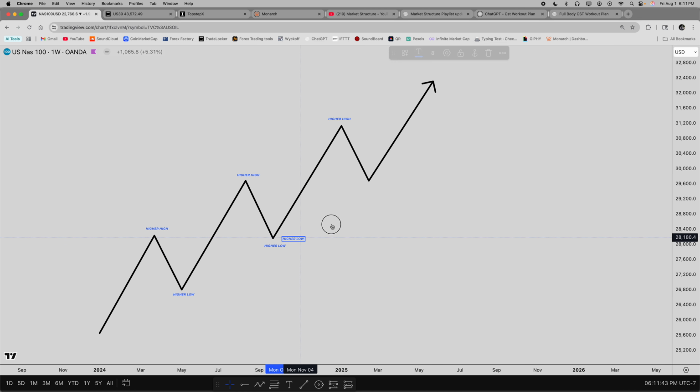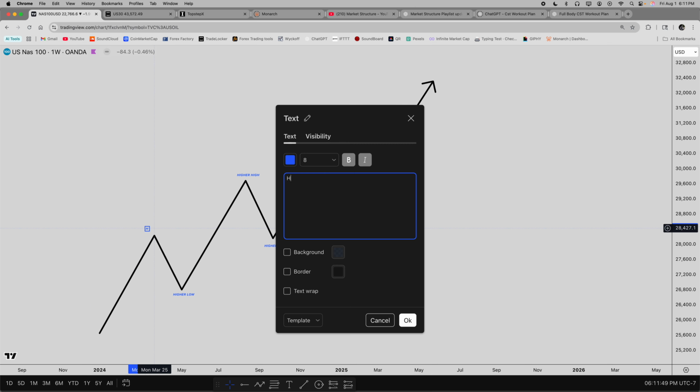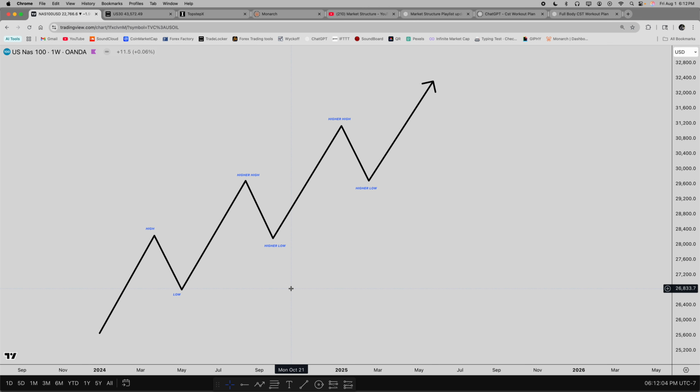If this was the beginning of the chart, then it would just be a high. Technically, high comes first and then low, and then after that it becomes higher highs and higher lows. Technically, first a high gets created, and then a low gets created, and then a higher high gets created. But with English, you can't say this is a higher high. That would be crazy. And no one's gonna say that. But that's how we do it.